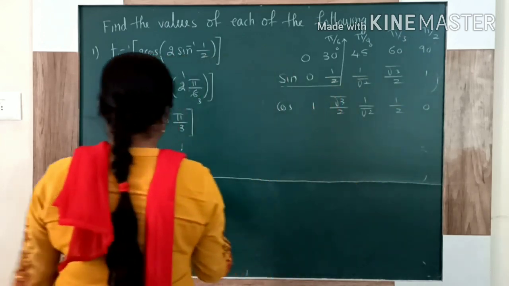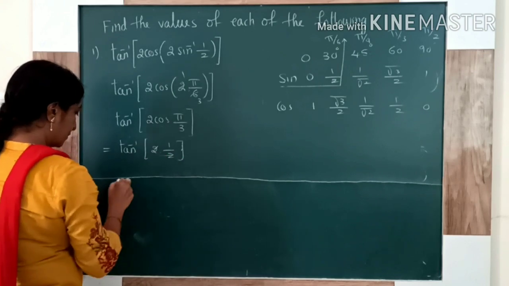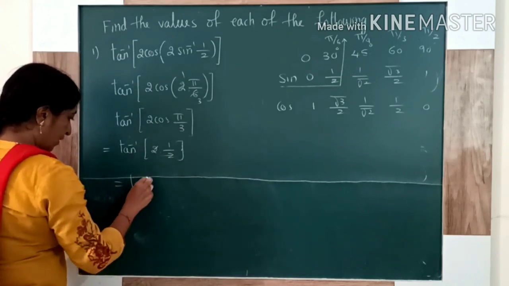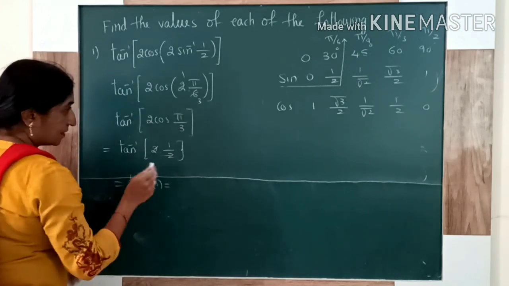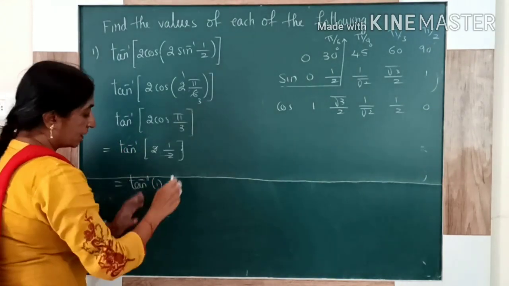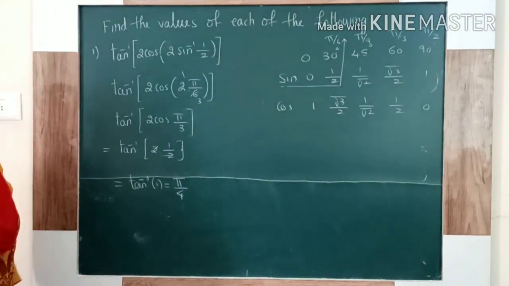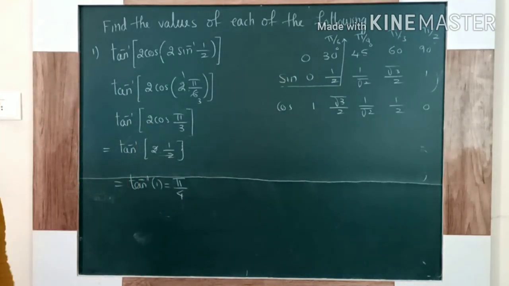Cos 60 degrees is 1 by 2, so 2 into 1 by 2. Then tan inverse 1. Tell me, what is tan inverse 1? When you write the tan value and refer to the table, tan inverse 1 is nothing but pi by 4. Like this we are using that table. Next example.